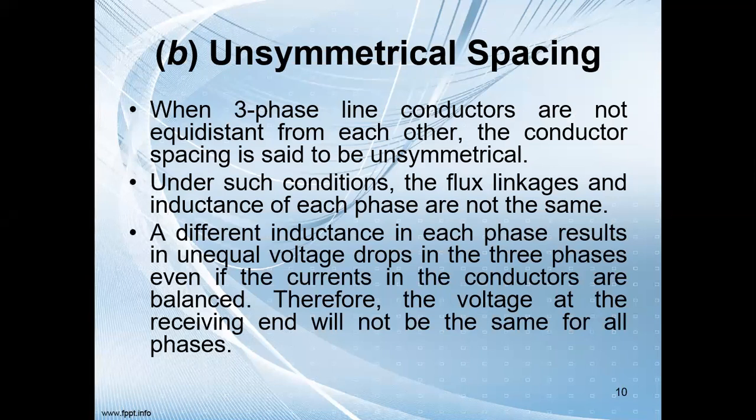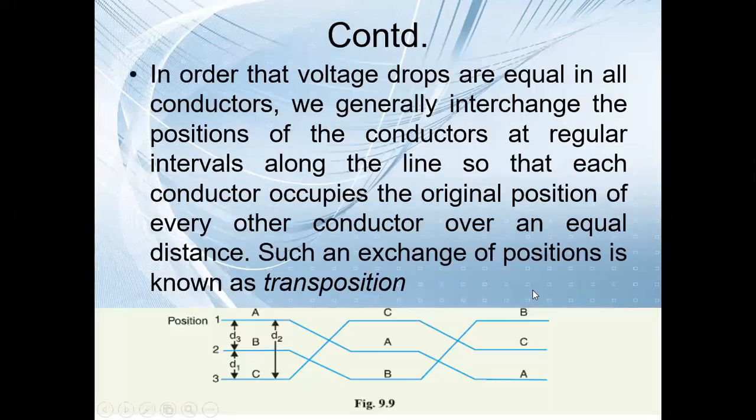Under such conditions, the flux linkages and inductance of each phase are not the same. A different inductance in each phase results in unequal voltage drops in the three phases, even if the currents in the conductors are balanced. Therefore, the voltage at the receiving end will not be the same for all the phases.